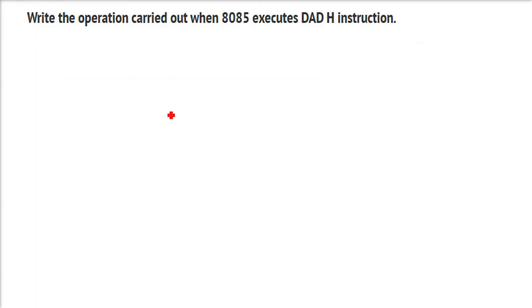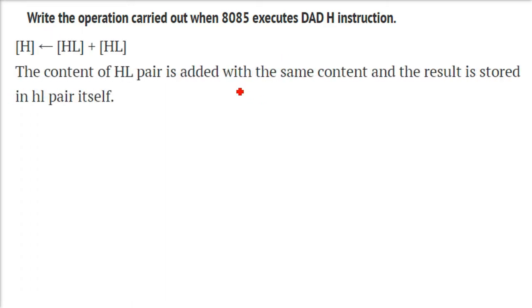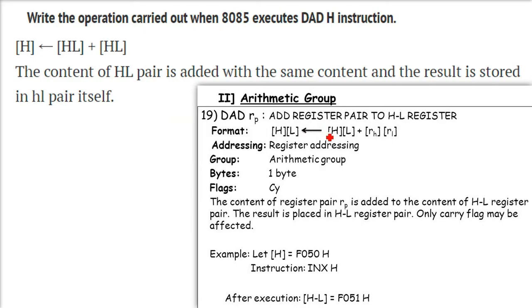Write the operation carried out when 8085 executes the DAD H instruction. There are different types of instructions, and that is one of the examples we are taking. DAD adds a register pair to the HL register.